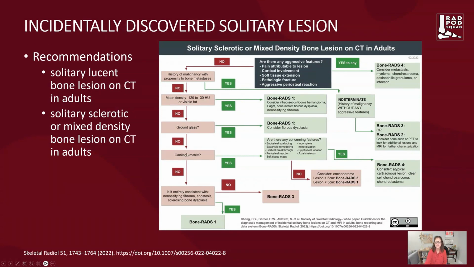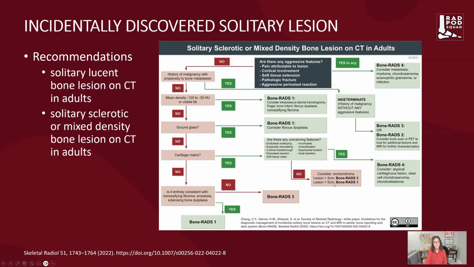Is there cartilage matrix? If there is, are there any concerning features? This is a very common category because we have a lot of enchondromas that are incidentally found. If there are concerning features, we're going to go on for an atypical cartilage lesion and work that up. If not, this is a very powerful thing that they found through evidence-based medicine, that if the lesion is greater than 5 centimeters, we're going to follow that onto a BoneRads 3 with interval follow-up.